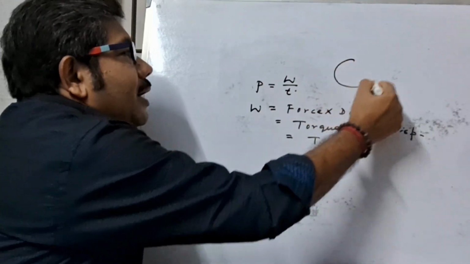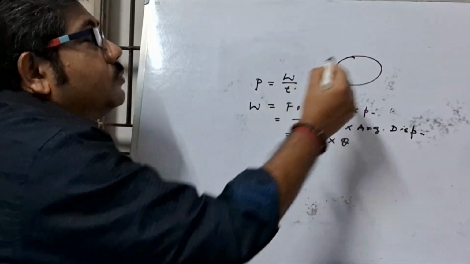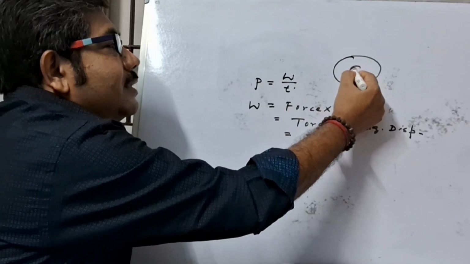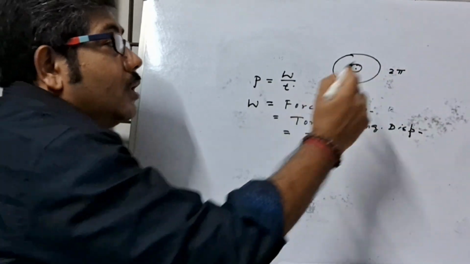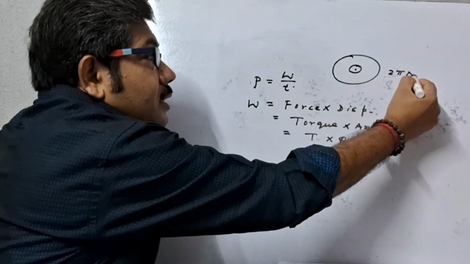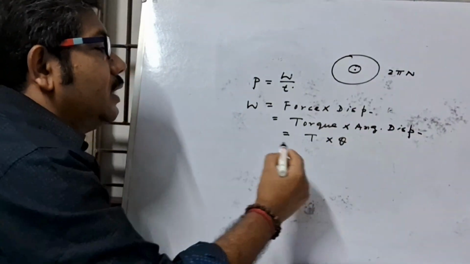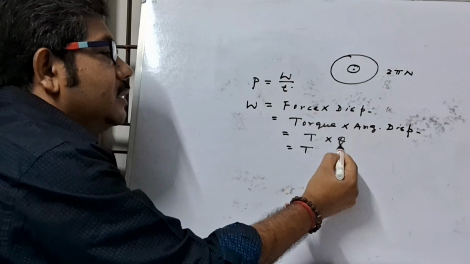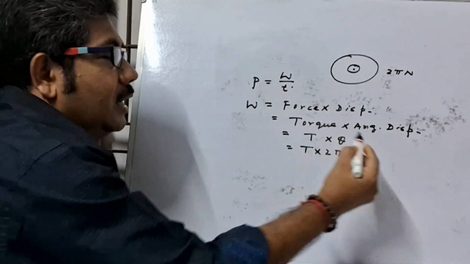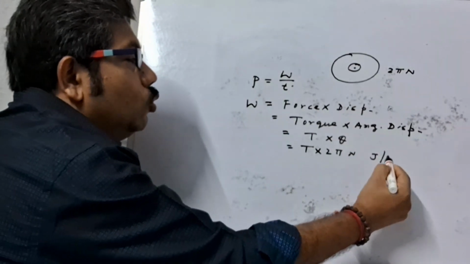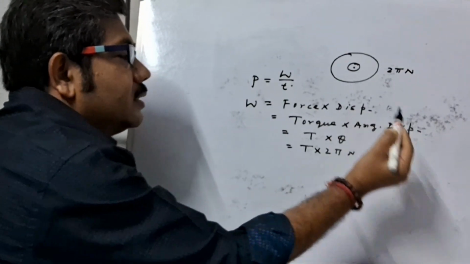For 1 revolution, the angle at the center is 2 pi, and for n rotations, this is 2 pi n. That means theta is 2 pi n. And this is joule per minute.